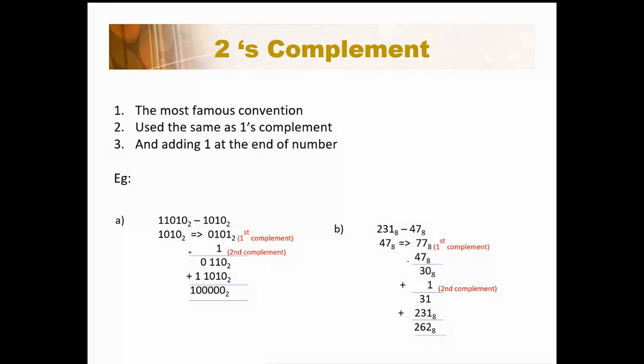The first one is once you identify the negative numbers, whether in the decimals or in the binary or other bases, select the negative numbers, and then you have to do the first complement, and then for the second complement you just add 1 at the end of the number.